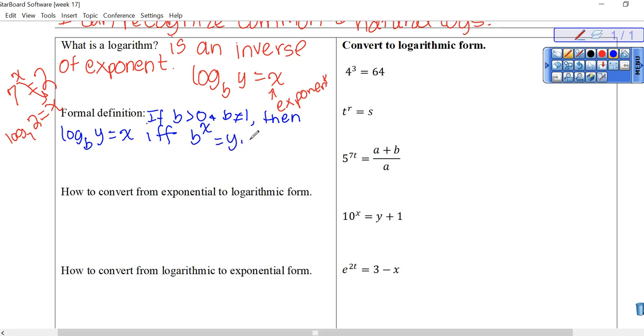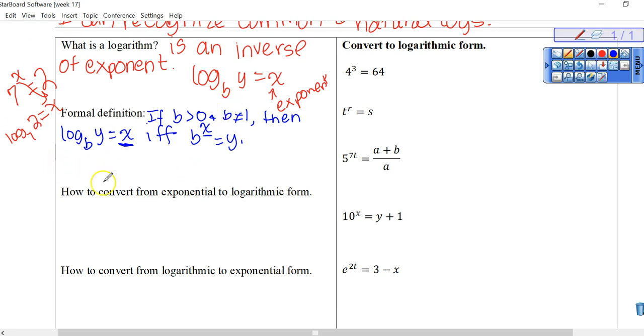That's the formal definition of a logarithm. You can see that the answer to a log is the exponent. And they're inverses, so their x's and y's switch places.